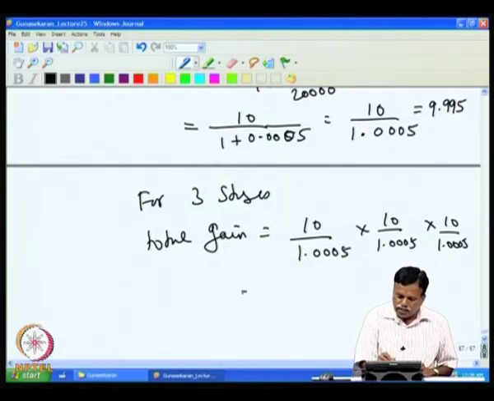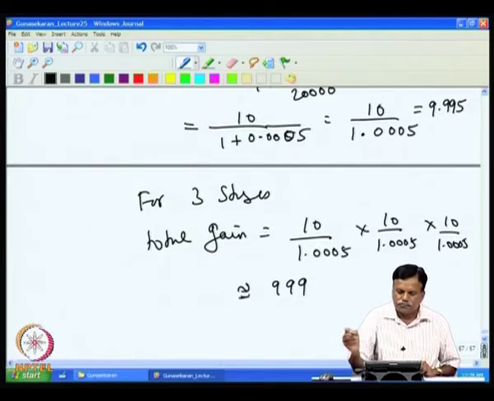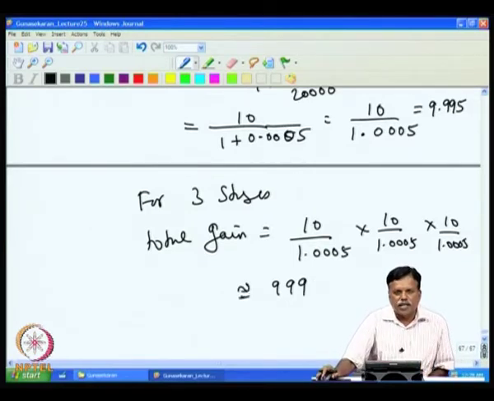Now, if you calculate this, you will get almost 999, close to that. So, now the gain error is much smaller compared to what we had in the earlier case.